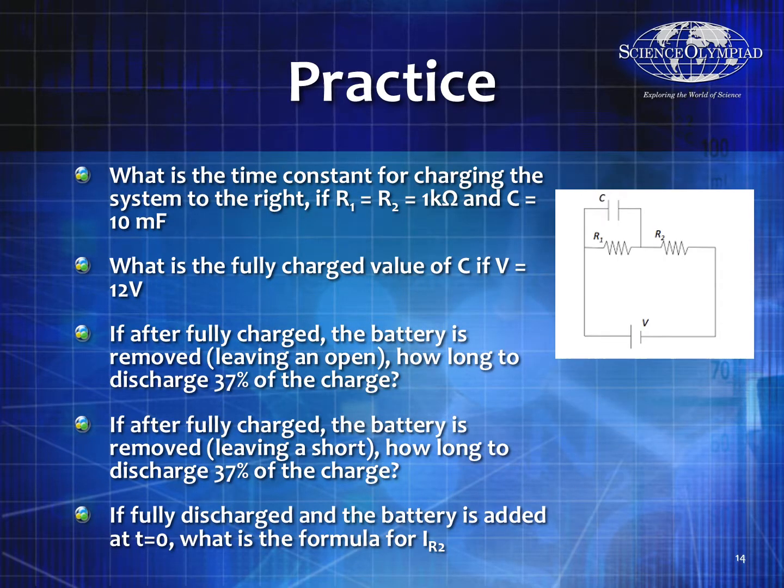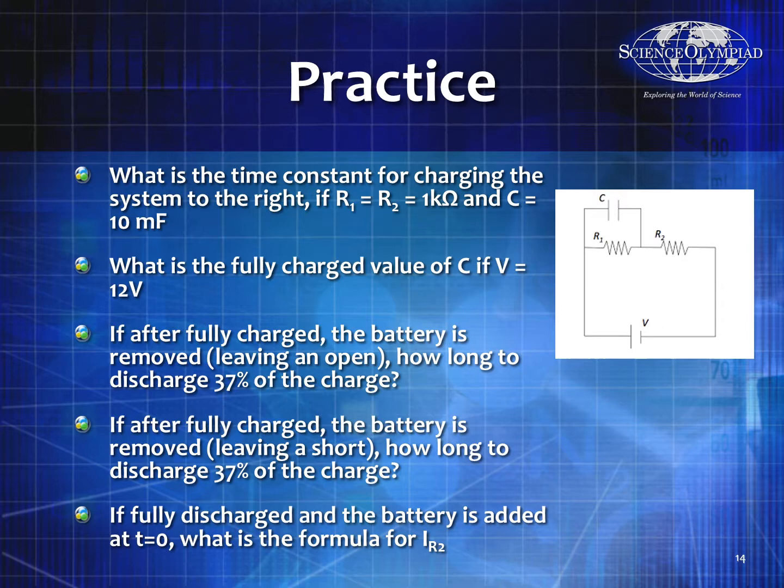So for practice, figure out what the time constant is for charging the system to the right if R1 equals R2 equals 1 kilo ohm and C is equal to 10 millifarads. If we're charging the system, the maximum voltage when C is open is basically the split of R1 and R2.